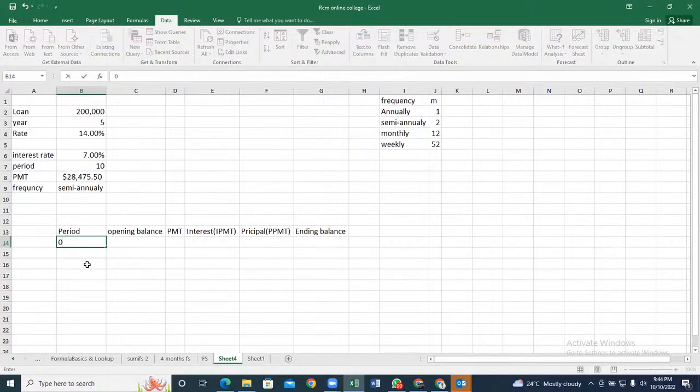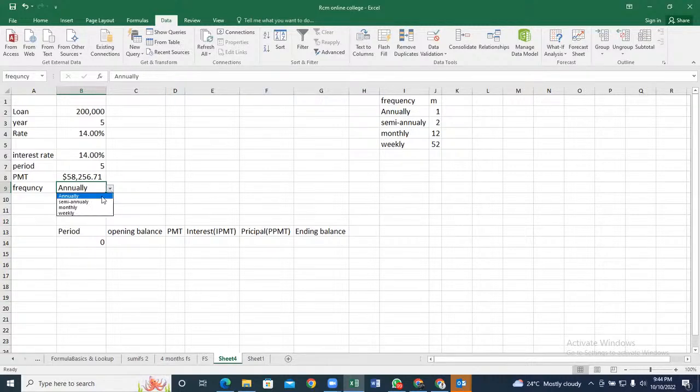Have your 0 there manually. Then let's do this. Change your frequency key to annually. Just go there and pick annually.